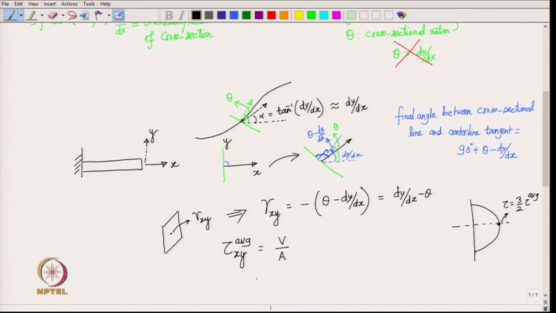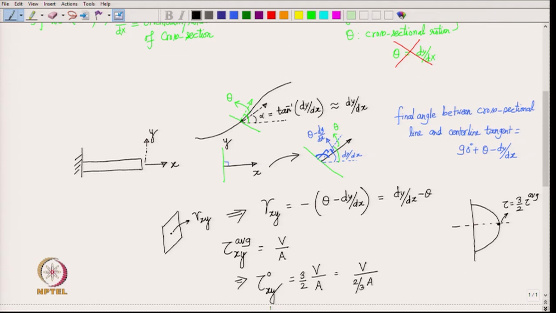So, that means we can find tau x y at the center, let us say tau naught, equal to V by A, which is the average shear stress, multiplied by 3 by 2. Or we could also write this as V by A divided by 2 by 3.